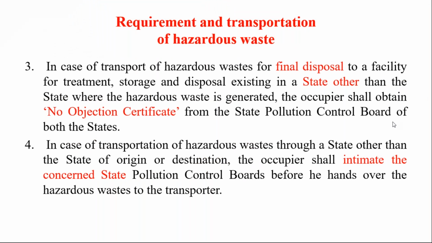Then, in case of transport of hazardous waste for final disposal to a facility for treatment, storage and disposal existing in a state other than the state where the hazardous waste is generated.